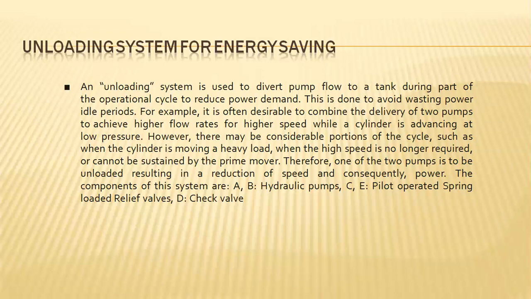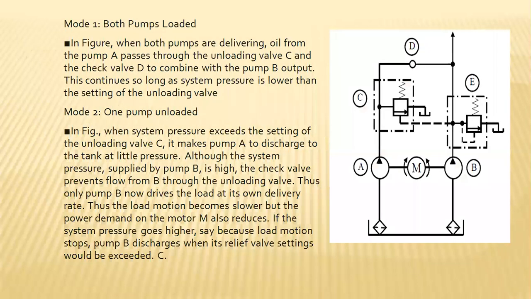The pump is then unloaded, resulting in a reduction of speed. The components of the system are hydraulic pumps A and B, C and E, pilot operated spring loaded relief valves, and the check valves. So here it clearly specifies the components.